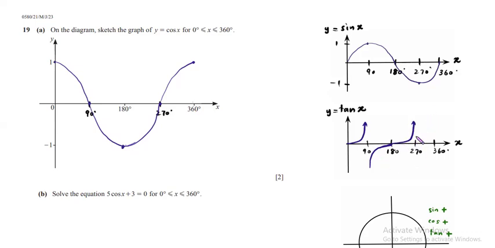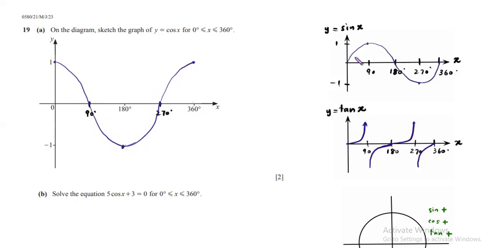But this line that we have here will never touch the 270-degree line or the 90 line, because they are going to go until infinity. So in that case, it will go very close to that line, but it will never touch that line. And here I'm going to draw it like this. This is how a tan graph would look.